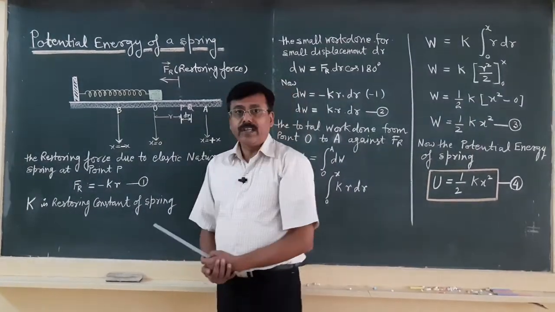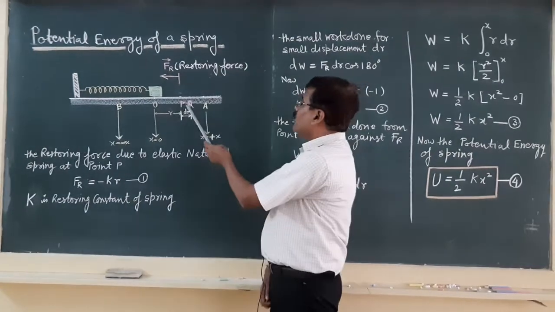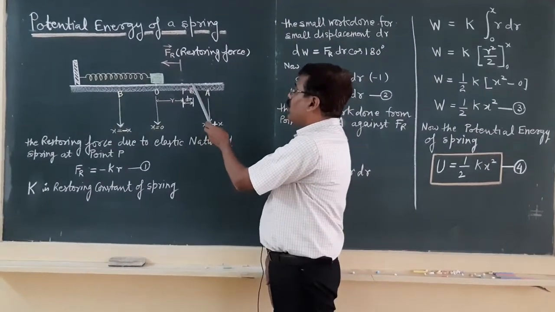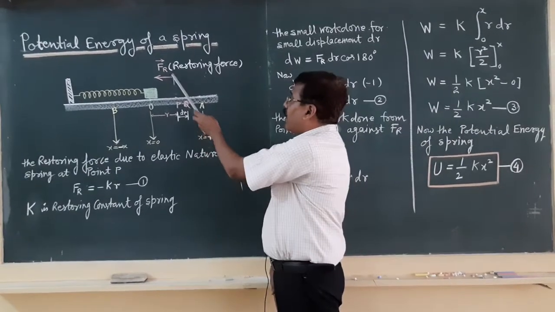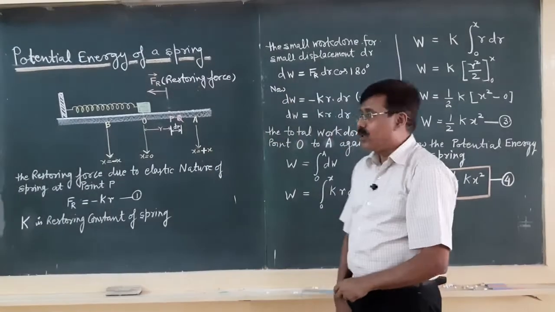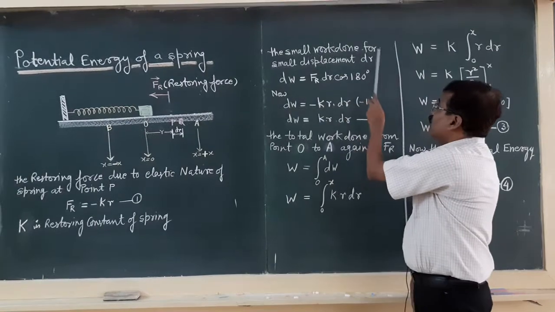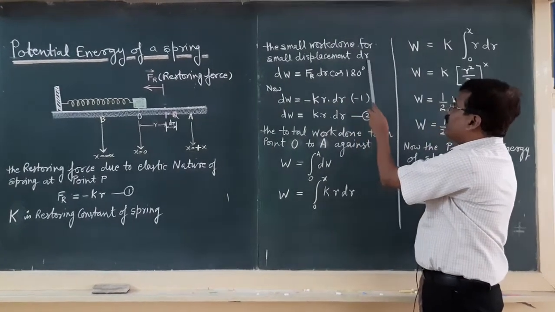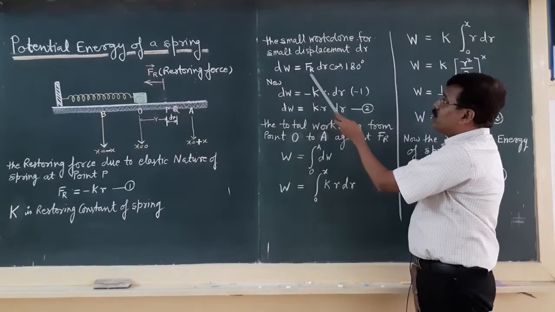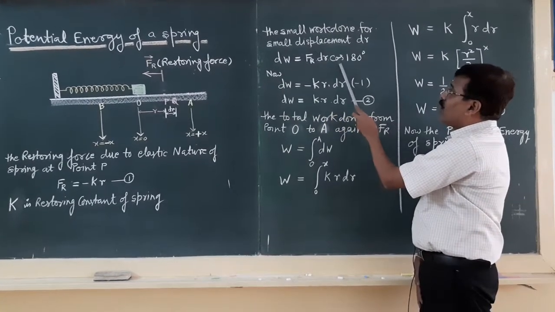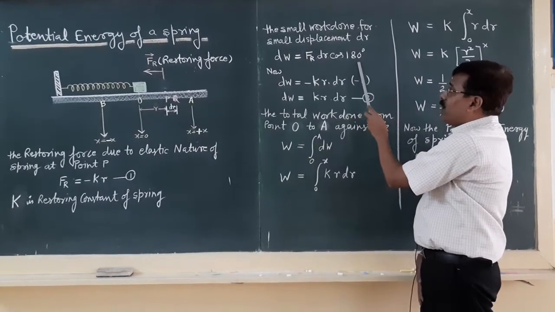Now, we will use the integration method. First of all, we will find the small amount of work done for a small displacement dr against the restoring force. The small work done is given by the basic formula dW = F_r dr cos 180. Why 180?